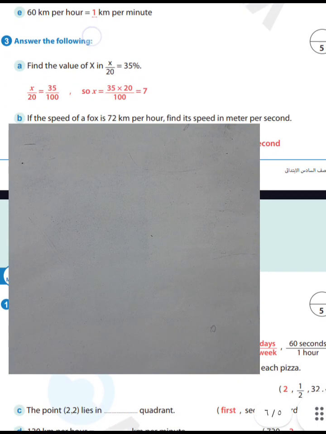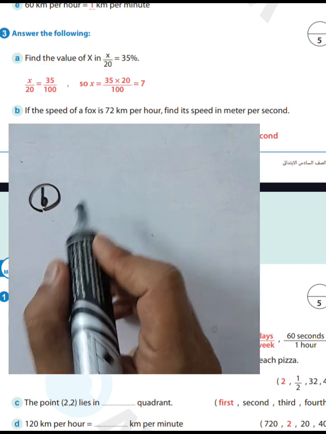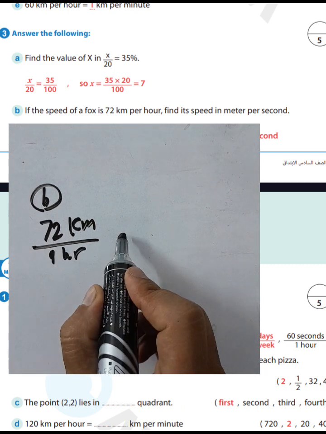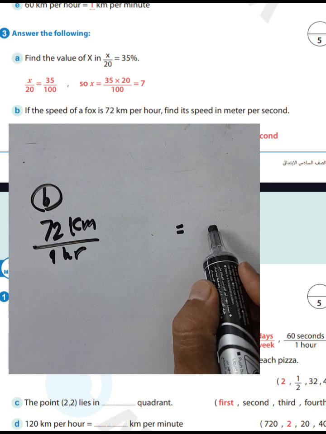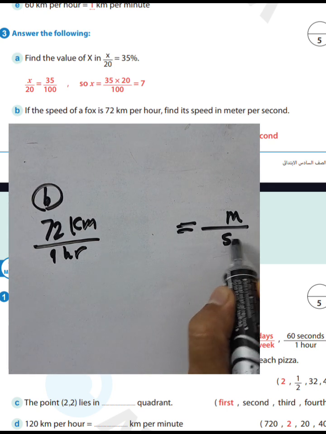Next question, letter F. If the speed of a fox is 22 kilometers per 1 hour, find the speed in meter per second. Okay, you want to convert to meter per second.